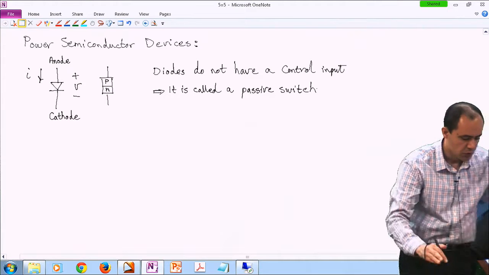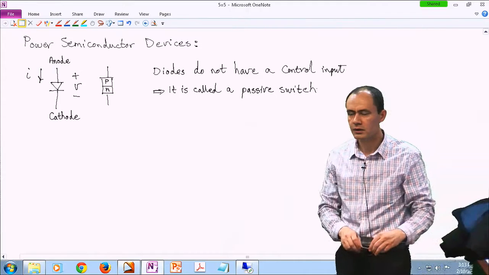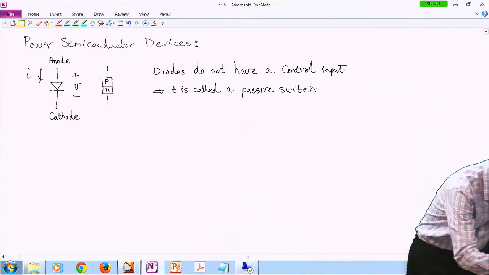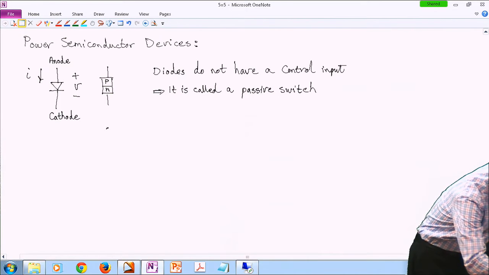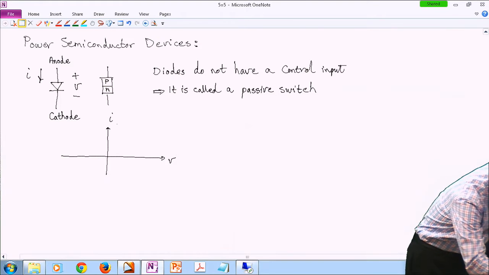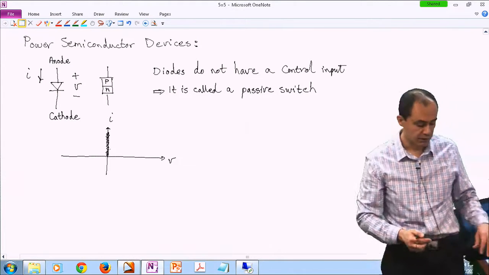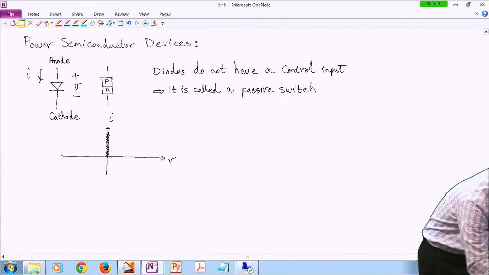Okay, so in an ideal world, if we were able to find an ideal diode, the IV characteristic would look like this. So diodes can conduct positive currents and they can block negative voltages.